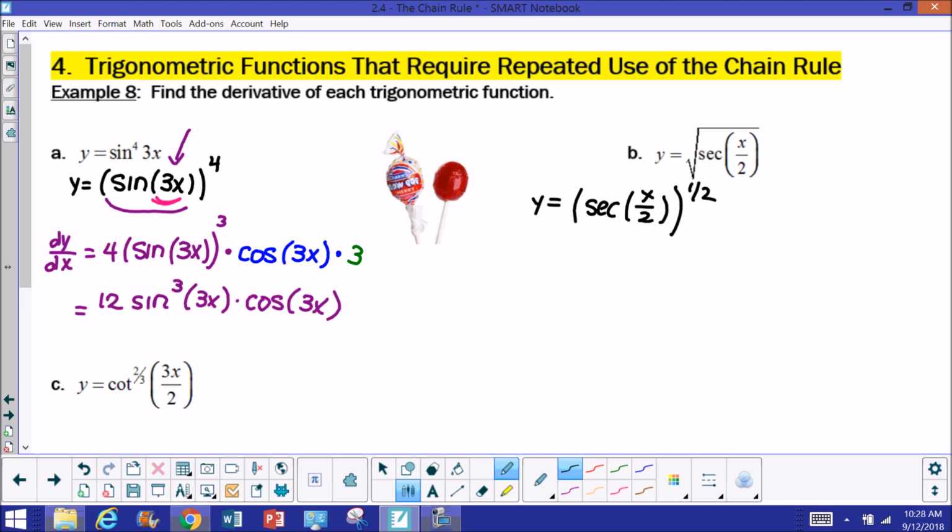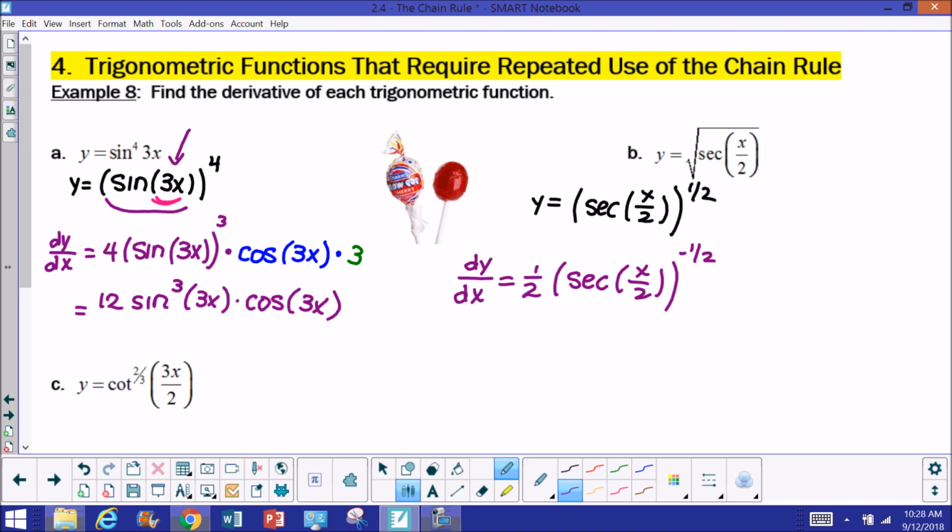Okay? Here we go. Derivative time. The derivative of y with respect to x would be, work from the outside first. You're talking about the wrapper of this Charms Blow Pop. The 1/2 in front multiplied by the secant of x over 2, all raised to the negative 1/2.